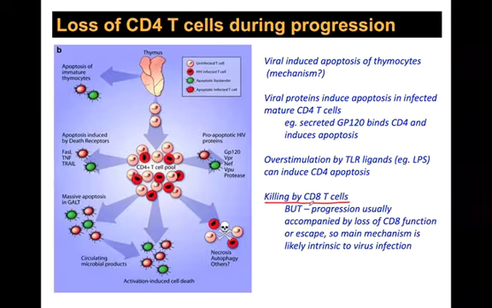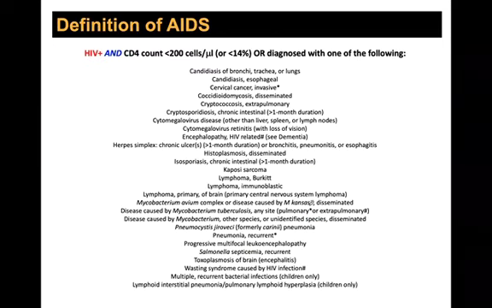Okay, so that's sort of the pathogenesis of it, but a lot of the problem with HIV and AIDS was defining AIDS. And that seems like it would be an easy thing to do, but remember, you're not dying from HIV, you're dying from something else, either cancer or another infection that normally wouldn't be lethal.